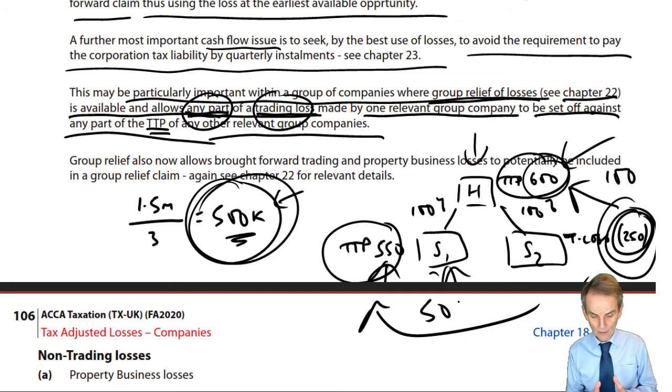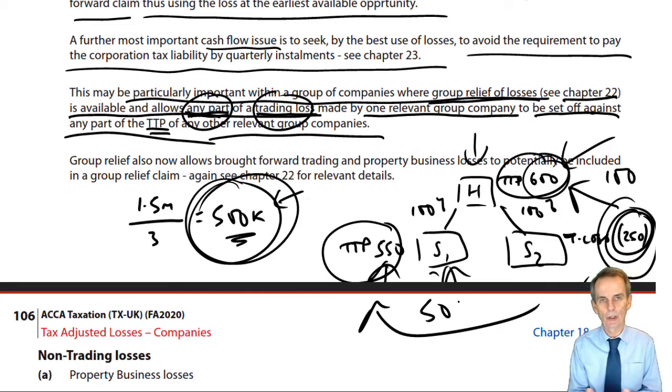But when you're dealing with a single company, the only issues we're looking at: current period claim, carry back claim, carry forward claim. If the company in question is part of a 75% group, then a further use is possible: group relief. And because of the flexibility of group relief in that current period, you are able to use as much of that loss as you choose, and that gives you that flexibility to get the best use out of it.